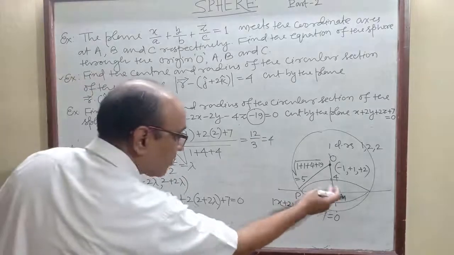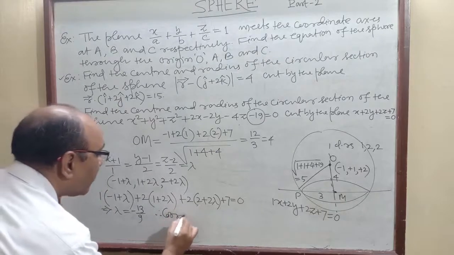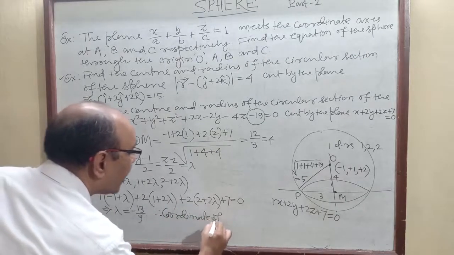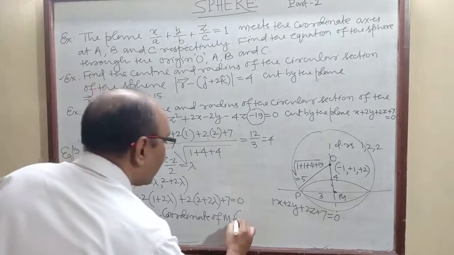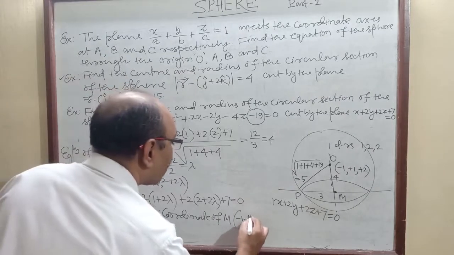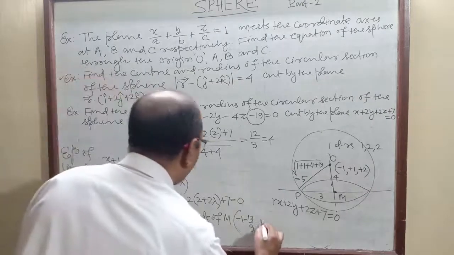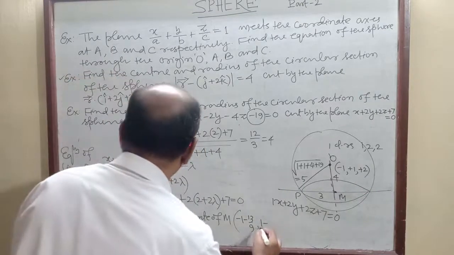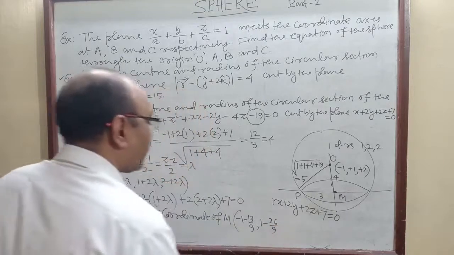Now if you substitute this value of lambda here, you will get this point M. What will be the coordinates of M? The x coordinate is minus 1 plus lambda, where lambda is minus 13 by 9. The y coordinate will be 1 plus 2 lambda, lambda is minus 13 by 9, so 26 by 9.